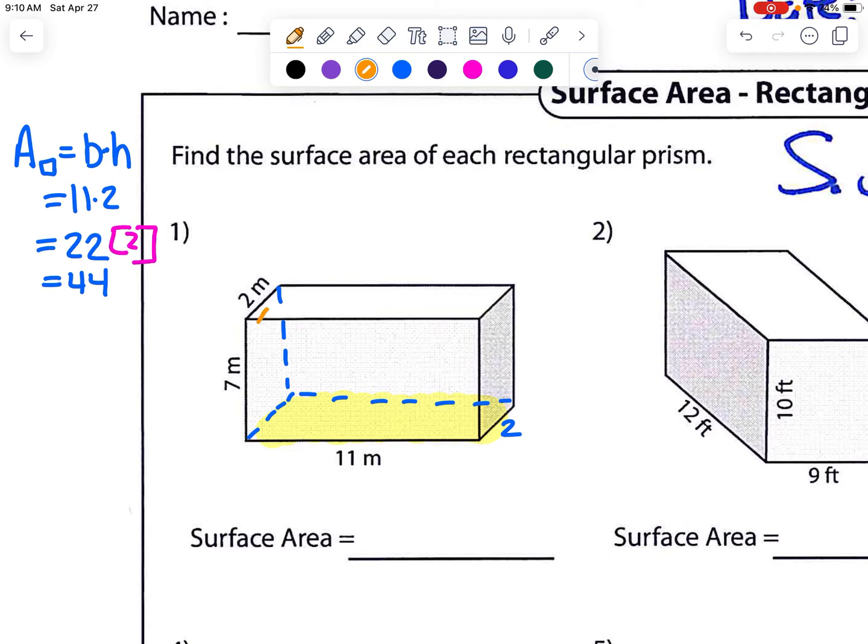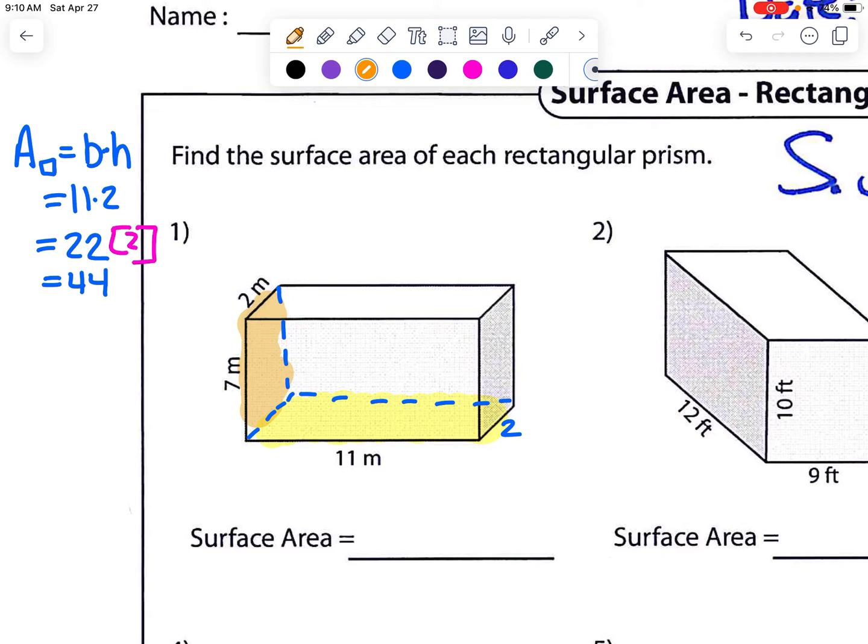Now I'm going to calculate the left side here. Okay, this left side is a 2 by 7.